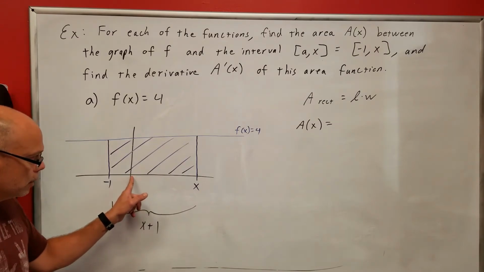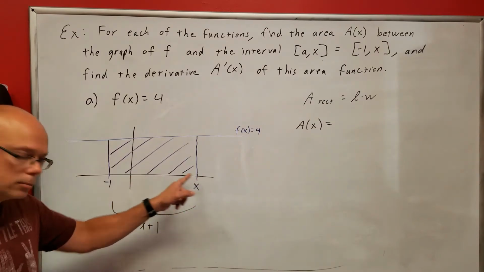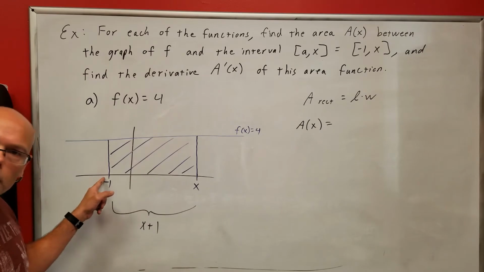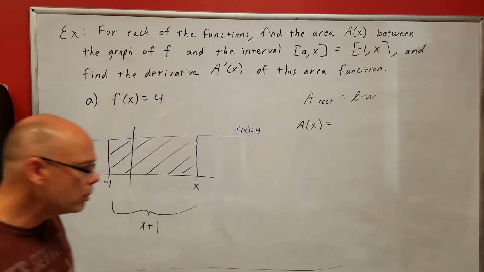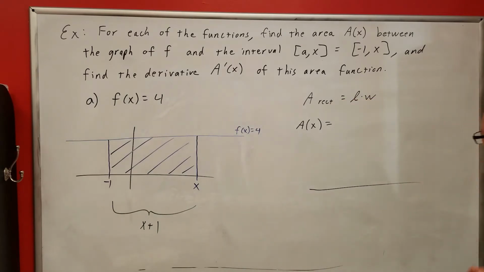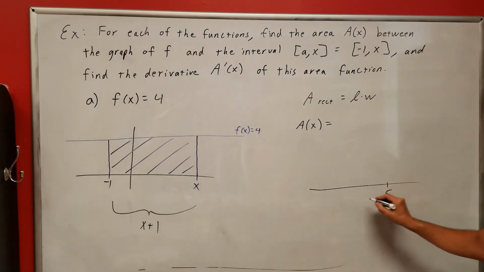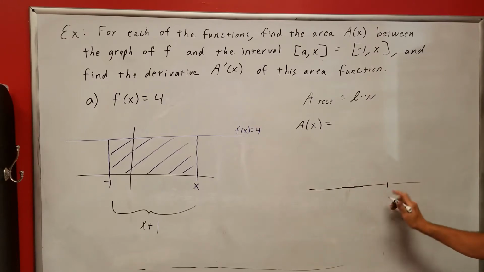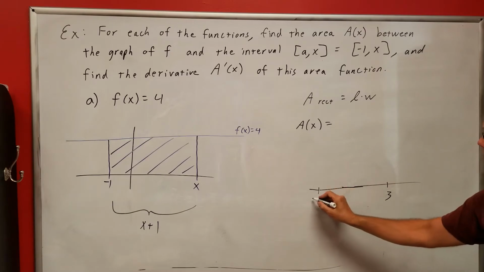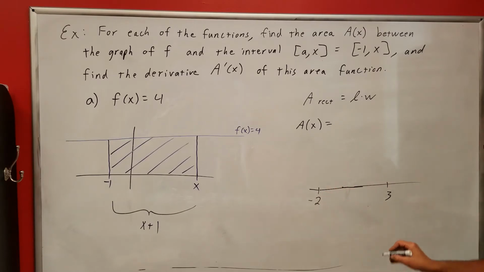If this was 0, that's x units long, right? And this is 1 unit long. So x plus 1. Another way you can think of that is, let's pick 3 and -2 on the number line, okay?